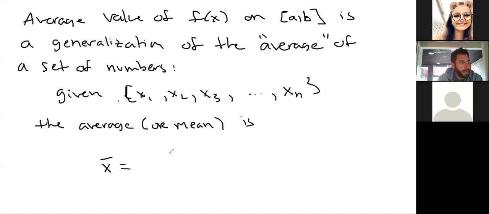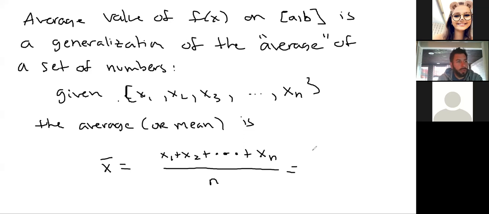Well, the mean is you add them all up, and then you divide by how many there are. Now, of course, we're adults now, so we can write this in summation notation to make it look real cute, if you will.